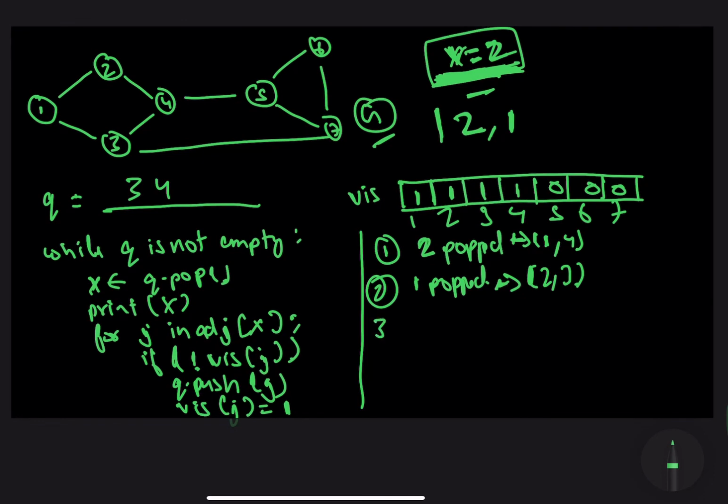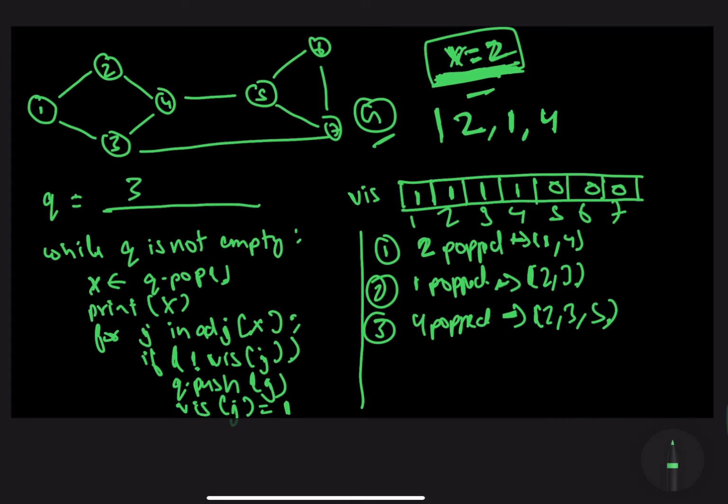Now in the third iteration, since 4 is the frontmost element of the queue, 4 will be popped from the queue. Since we are iterating over 4 now, the next element that we iterate over becomes 4, and 4 is also at a distance of 1. Now we will iterate over all the nodes adjacent to 4, which are 2, 3 and 5.